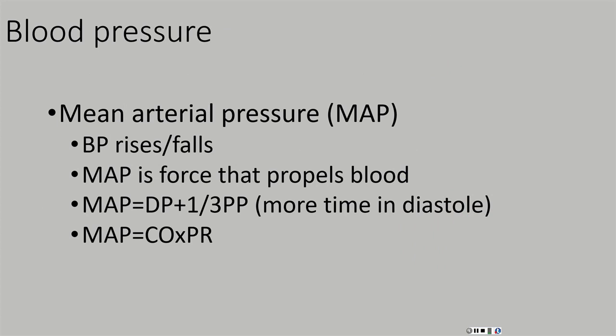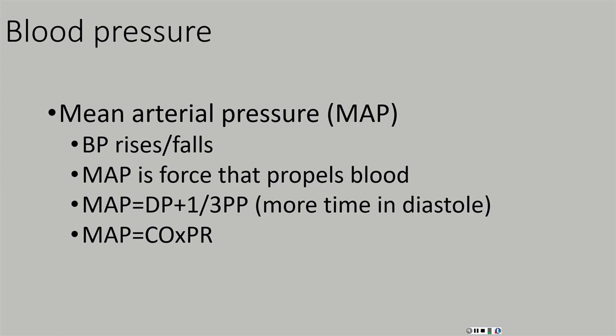Next, mean arterial blood pressure, or MAP. Mean arterial blood pressure is a way of saying, yes, with every beat of the heart, blood pressure rises to 120, drops to 75, rises to 120, drops to 75, and it just keeps going on and on. So blood pressure is constantly changing.